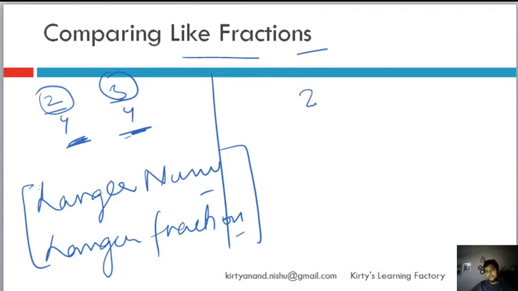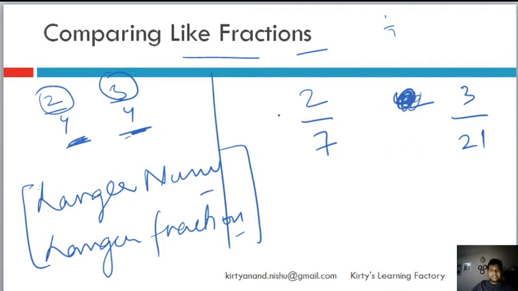Now let me give you one example. If you were to compare 2 by 7 with 3 by 21, how will you make this comparison? Because when you look at it, it almost seems that they are not like fractions because the denominator is different.